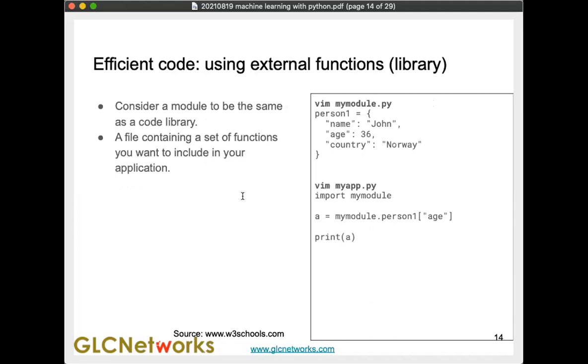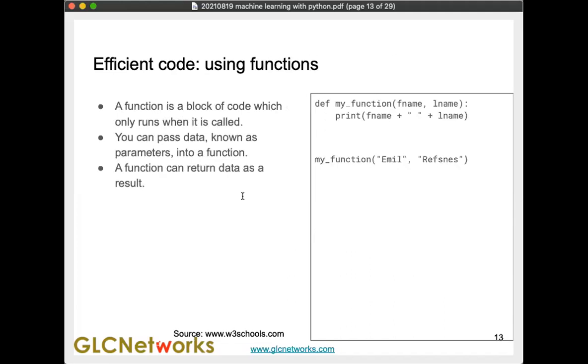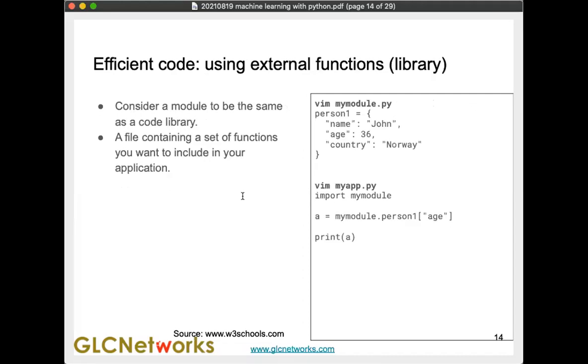We already know that we are using functions, and in order to make our program more efficient, usually we put those functions into a library. So usually we set up a file here, and inside the file we put our functions or variables or many things.